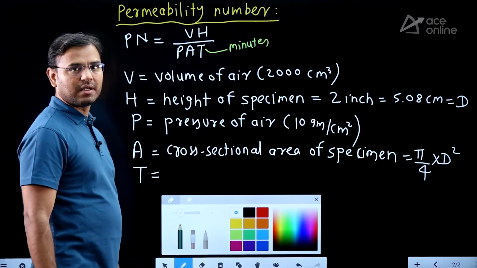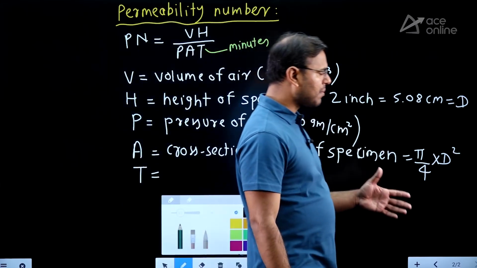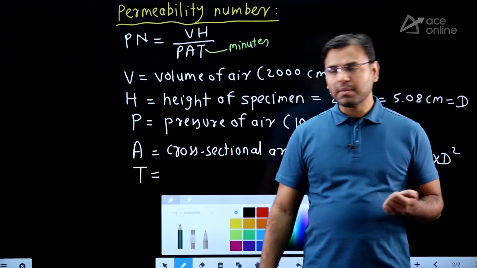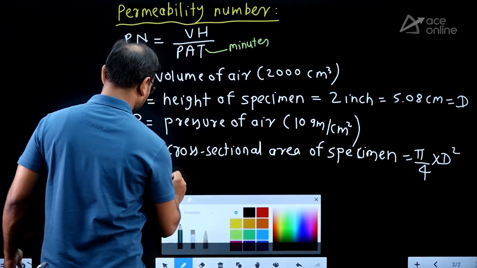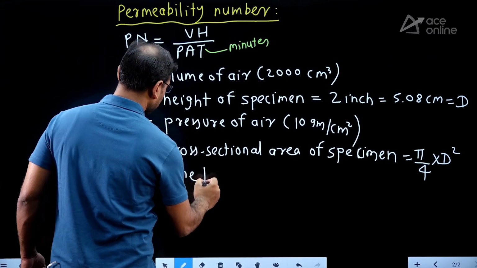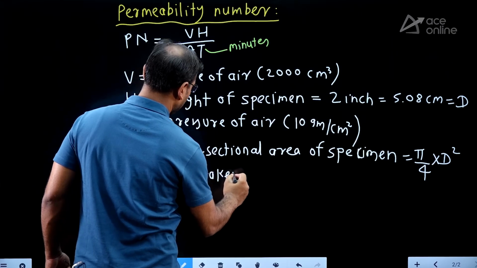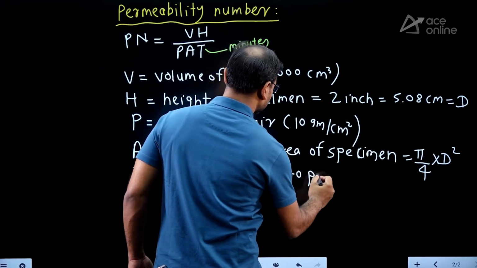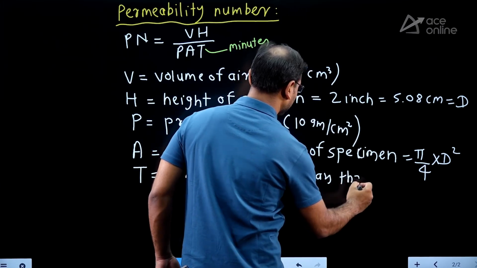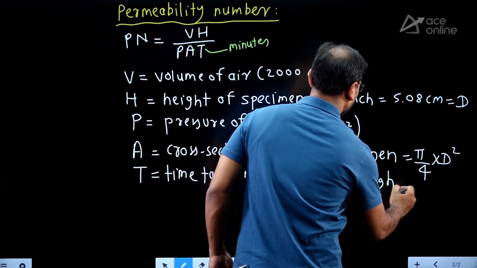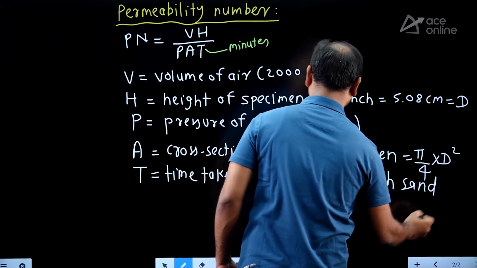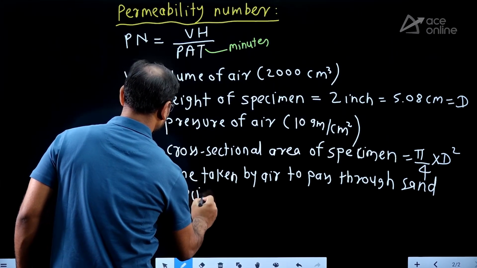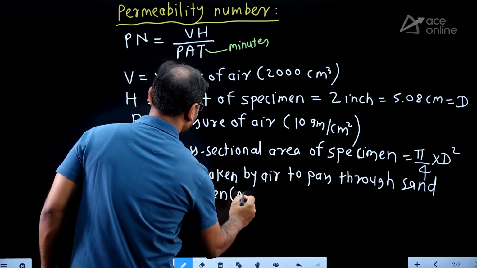Then what is the capital T? Okay, what is the capital T, guys? It is the time required, or time taken, by air to pass through the sand specimen, and I need to write here in minutes.